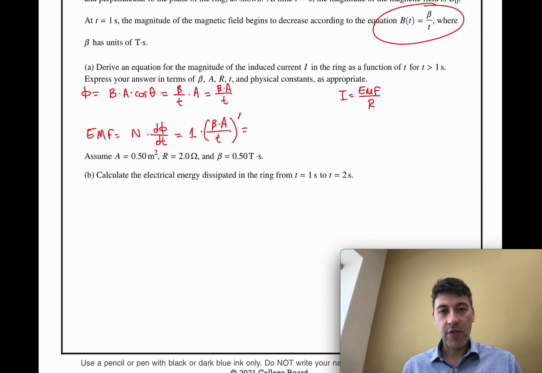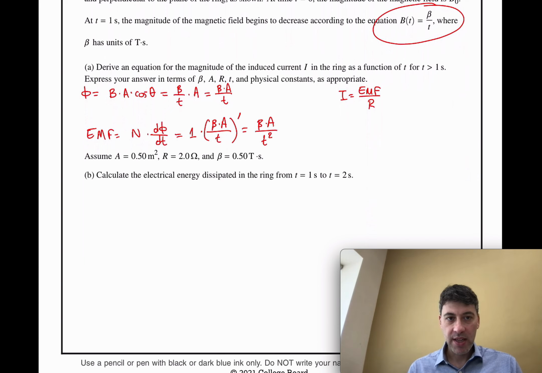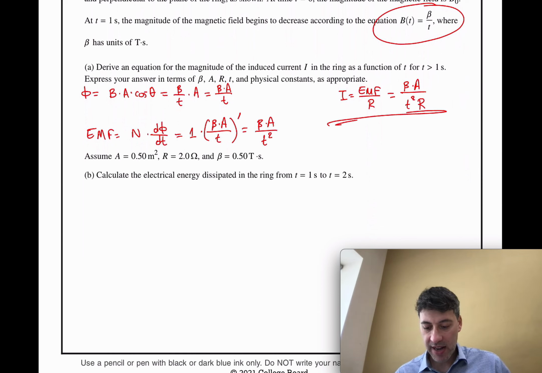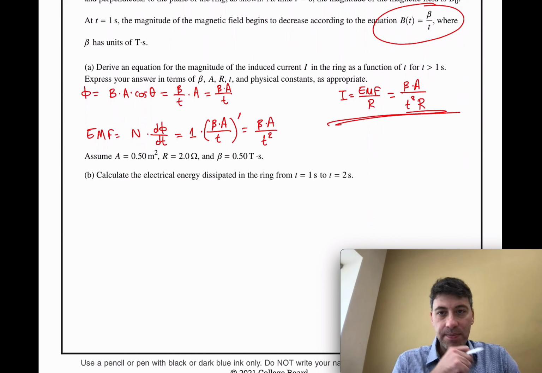Now the derivative of 1 over t is minus 1 over t squared, but again we're talking about the magnitude here, so it is beta times area divided by t squared. And now that we know this, we can easily find the induced current: beta times area divided by t squared, and again divided by the resistance. So this is our final answer for the induced current.